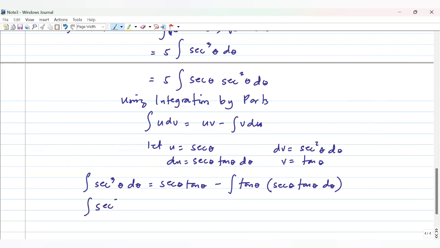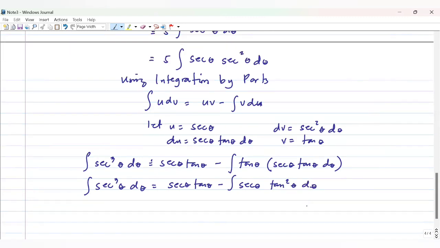We have secant cubed of theta d theta is equal to secant of theta tangent of theta minus the integral of secant of theta tangent squared of theta d theta.